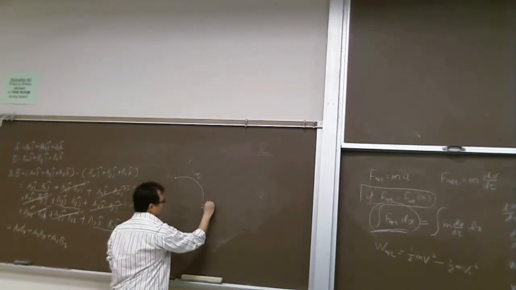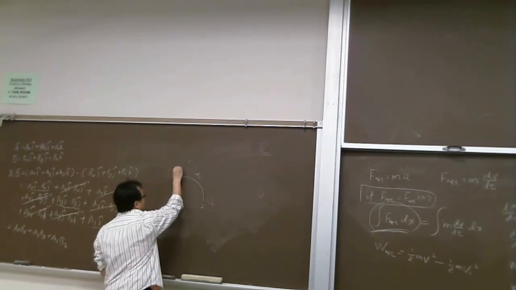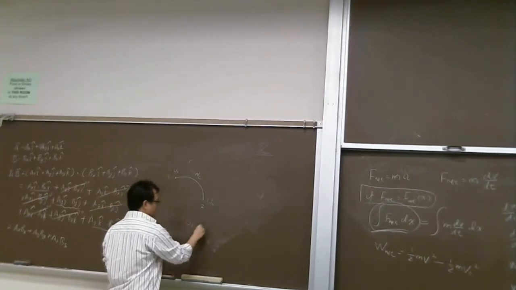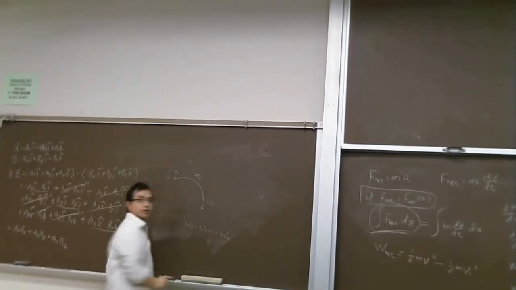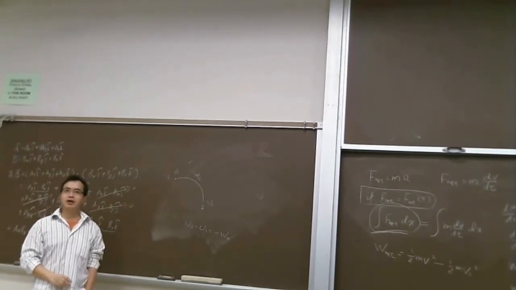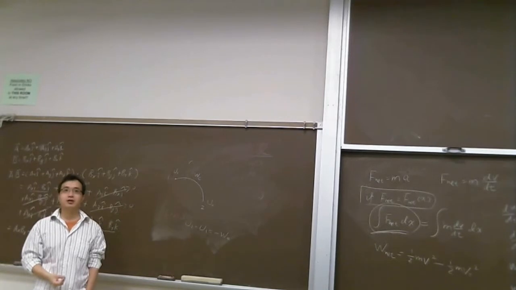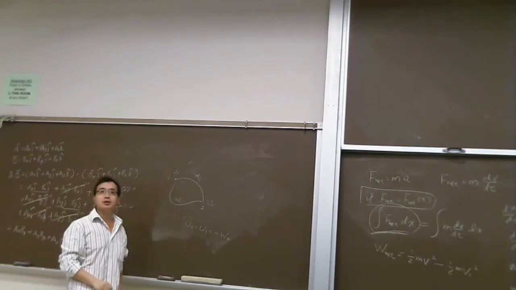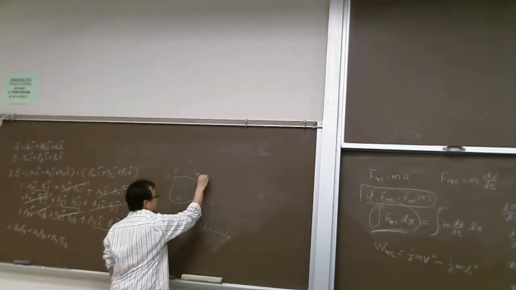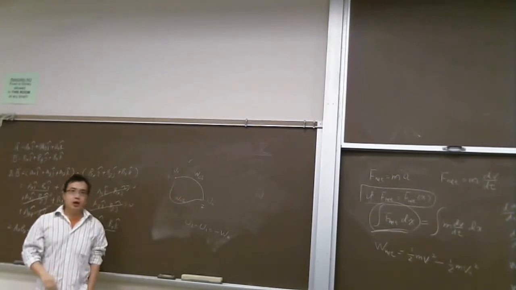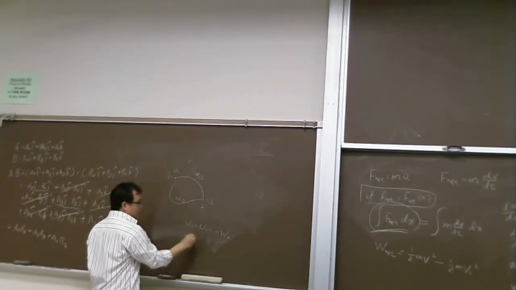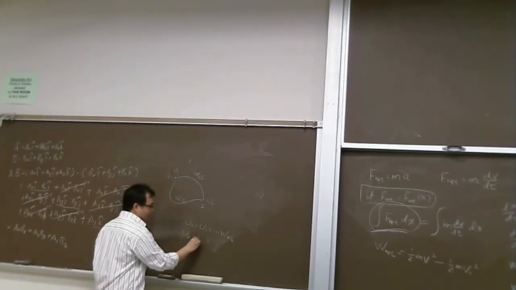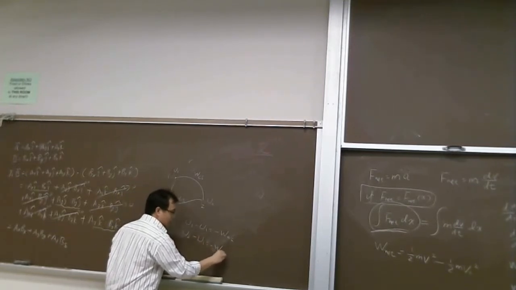If I give some number U1 and U2, then U2 minus U1 will always be the negative Wc. For the conservative force, this definition makes sense. If you follow another path, you get another Wc. This is C1, C2. So in this case, you have negative Wc1, and you should also have U2 minus U1 equals negative Wc2.